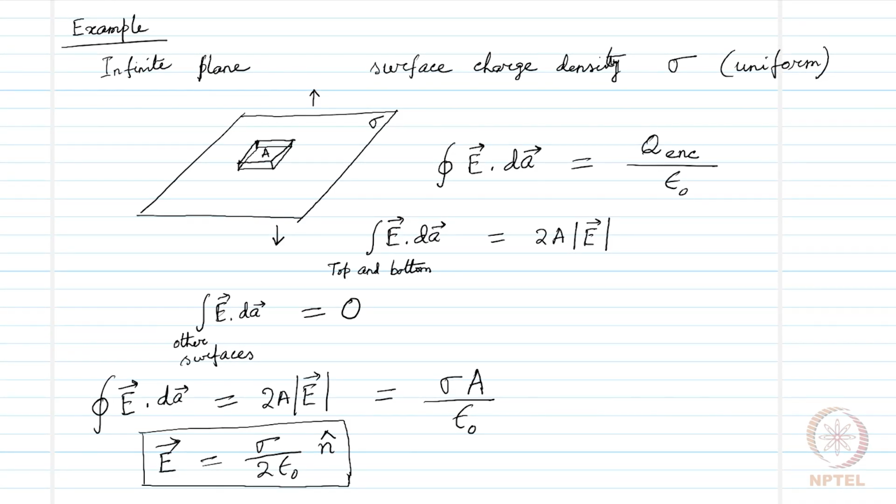And this example intrigues us to look at something even more interesting. Let us consider another example. We have two parallel planes having uniform charge density. Both planes are of infinite extent.